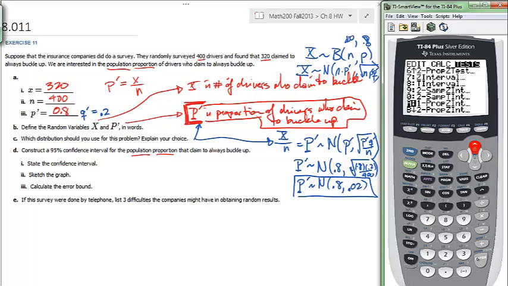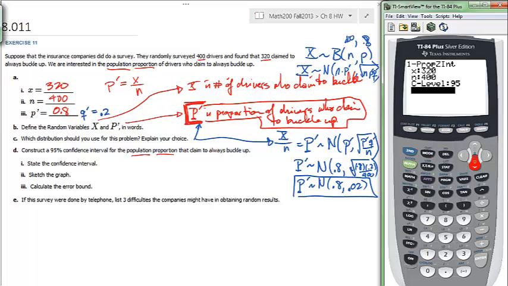So we'll go ahead and press that, and it's asking us for the x and the n. Our x and n are given over here, which is good. Our x is going to be 320. Our n is going to be 400. And our confidence level is going to be 95%, so that's good enough.